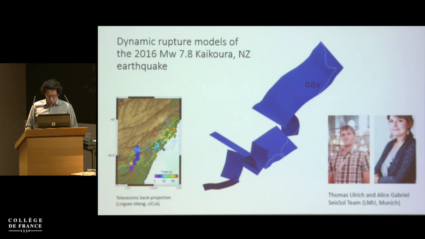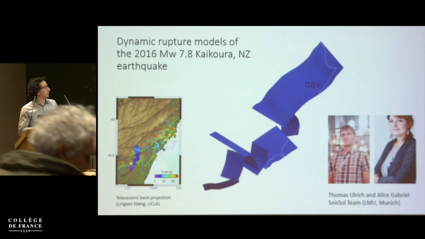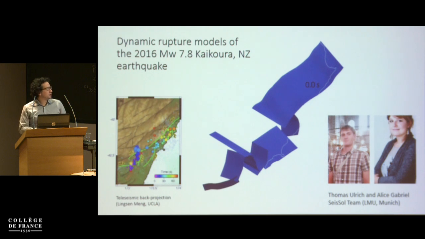here are some simulations that we're doing now, dynamic rupture simulations, to try to explain some of the features observed during the Kaikoura earthquake in New Zealand. An extremely complicated rupture that involved many, many faults. Here on the left, we have some of the faults involved in the rupture highlighted in green, and the colored circles are our back projection results, showing a very complicated path of rupture jumping from one fault to the other.